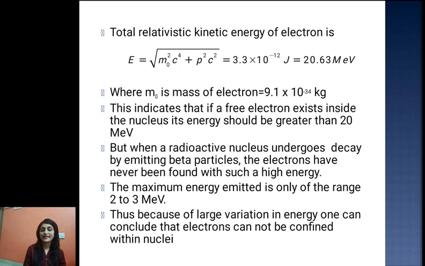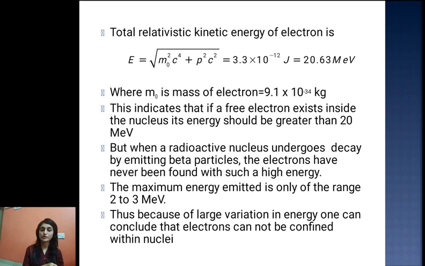Now the total relativistic kinetic energy of the electron. Why relativistic? Because the speed of the electron is comparable with the speed of light. Whenever any particle travels with a speed comparable to the speed of light, we have to use relativistic equations. So the relativistic energy E equals the square root of m0 square c raised to 4 plus p square c square.